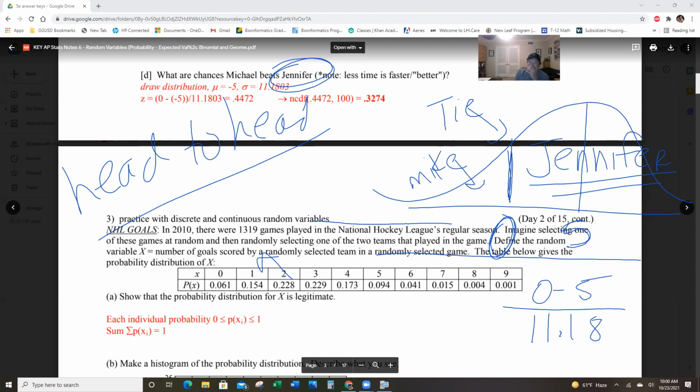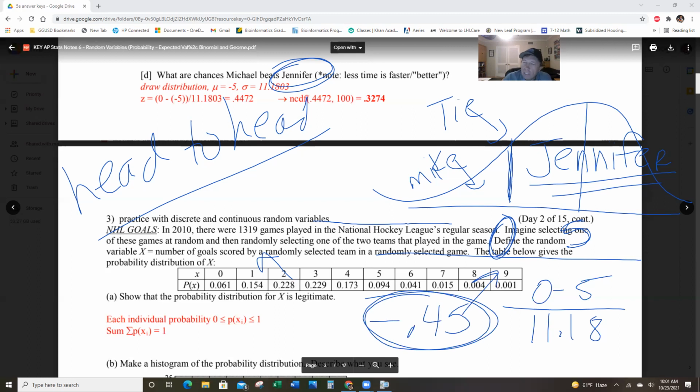If you subtract the numbers, because it's a head-to-head problem, the deviation still increases. It's still the same thing. So 0 minus 5 divided by 11.18 is going to be negative 0.4472 or negative 0.45. It's about negative 0.45. Okay, so that's this right here.